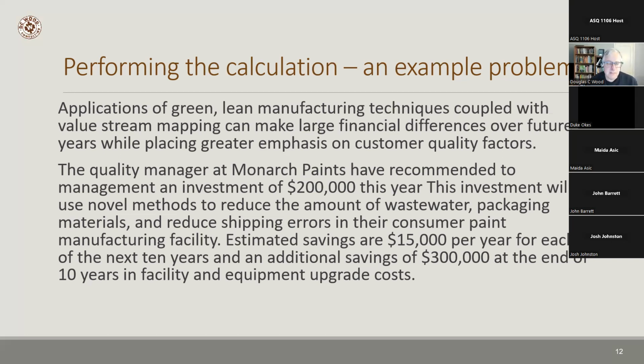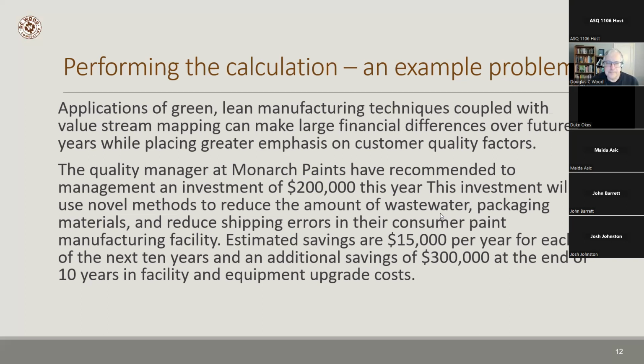So their estimated savings from all of these benefits is $15,000 a year for each of the next 10 years. And at the end of 10 years, they will have managed to save $300,000 in facility and equipment upgrade cost. In other words, they won't have to do this upgrade. That is, it's like a salvage value you're going to get out of this thing.